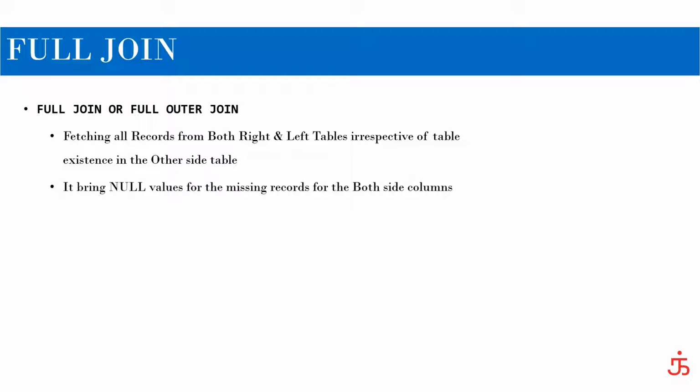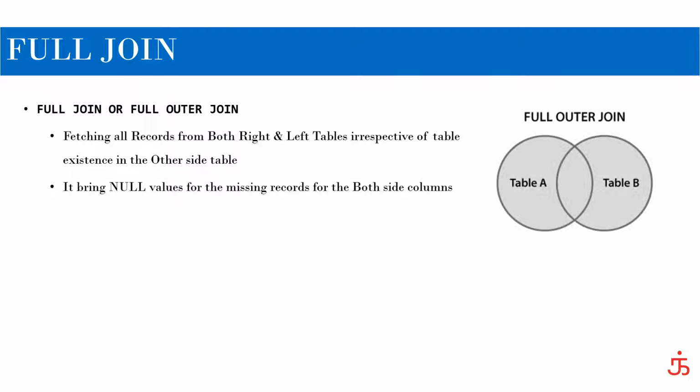And then the final join that we are going to see today is the full join. Full join is going to fetch data from both sides of the table, irrespective of whether the record exists on the left side or right side. And the Venn diagram is very clear. It is going to bring all the data from the left side table and the right side table, and the common matching records.